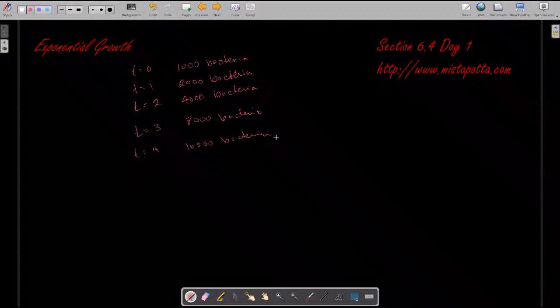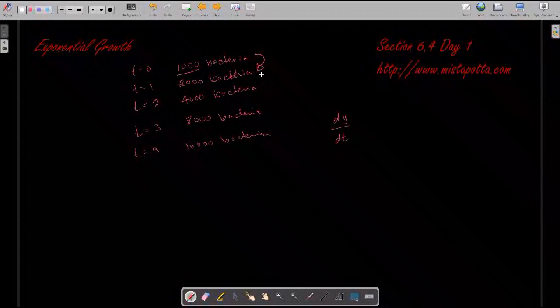And what's happening in this exponential growth situation is that the change in bacteria, let's call that dy/dt, the change in the bacteria depends not on time, but it depends on the number of bacteria. From t equals 0 to t equals 1, the change in bacteria is 1,000.